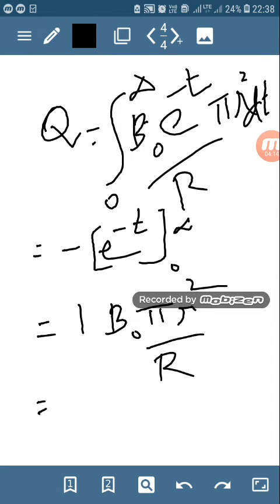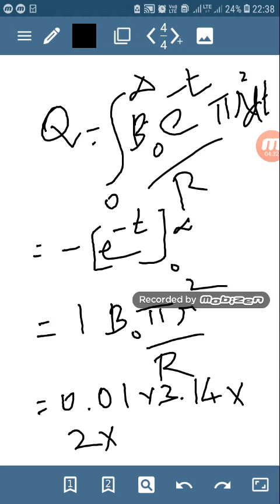So substituting the value of B naught as 0.01, pi as 3.14, and the radius of the coil as 2 centimeter, changed to meter as 2 into 10 power minus 2, whole squared, divided by the resistance of the coil, which is 2.